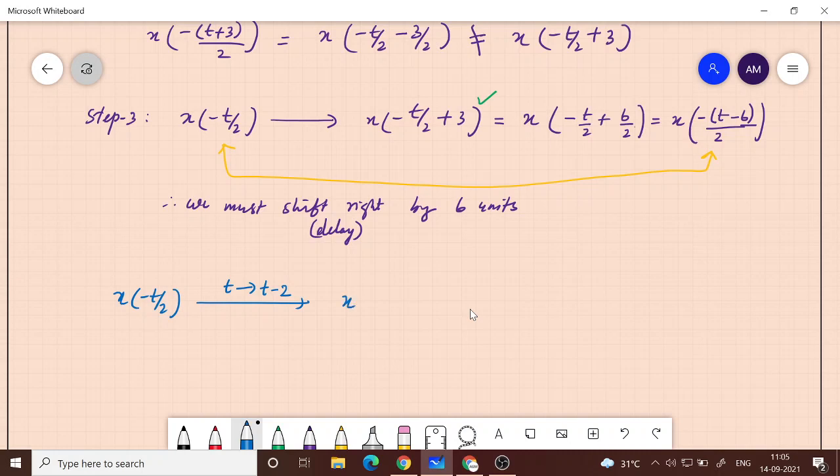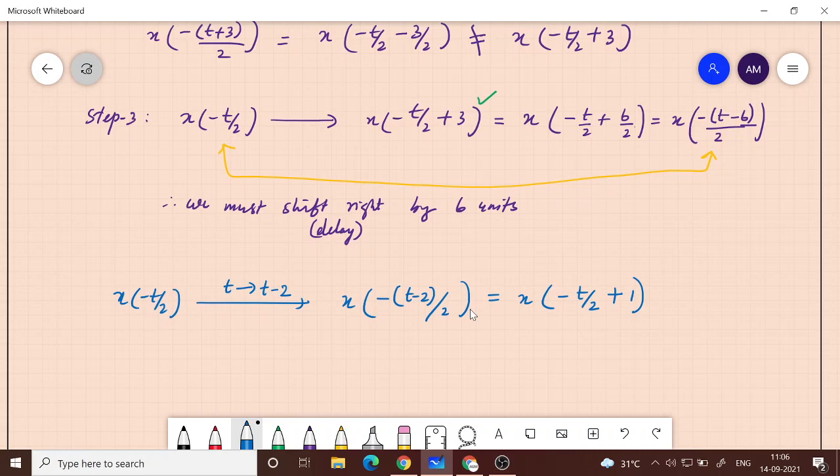So then it will become x of minus (t minus 2) divided by 2, which is basically x of minus t by 2, then plus 1. That is what happens. What we want is basically minus t by 2 plus 3.